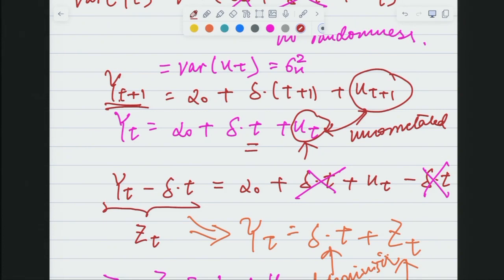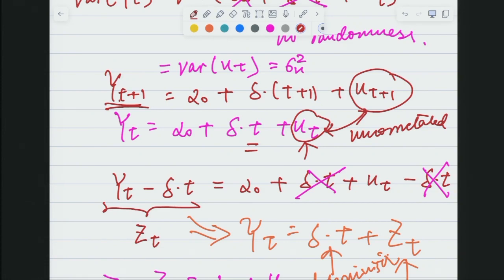Now, there's one thing here that you have to be a little bit careful about. So the random walk is a special case of a stochastic trend. So remember on the previous slide, we said that the stochastic trend is the accumulation of a mean zero stationary process. All we require for that stationary process is just mean zero.